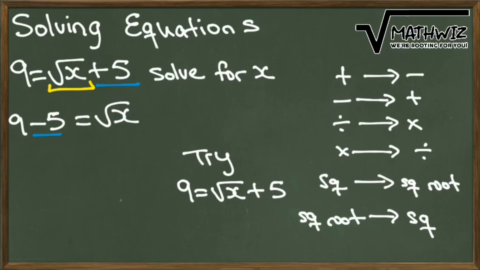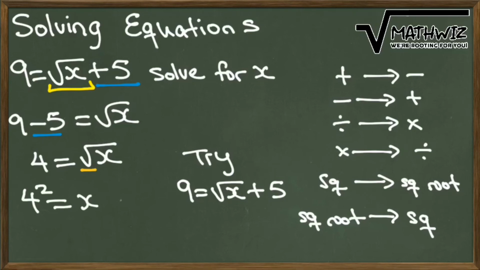And after that, we have 9 minus 5, which is going to give us 4. So the square root of x is equal to 4. And to get rid of the square root, you simply want to square the opposite side. And 4 squared is 4 times 4, which is going to give you 16.